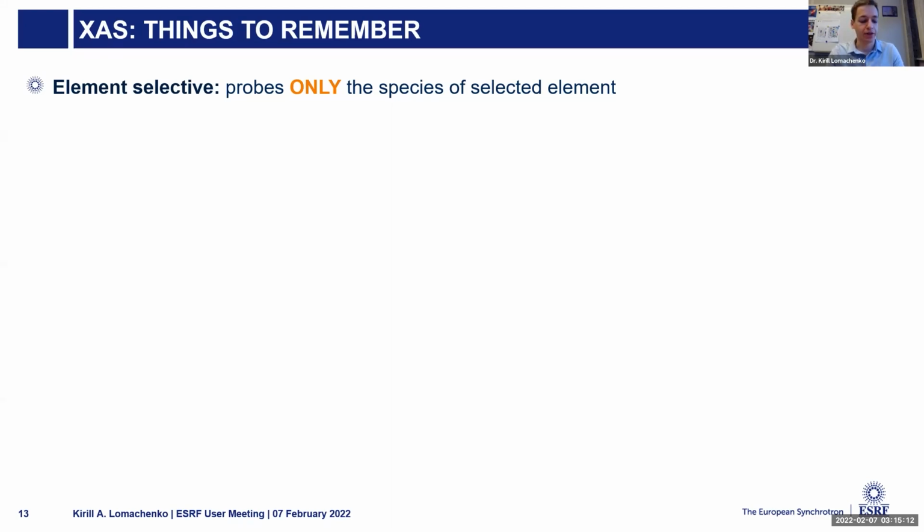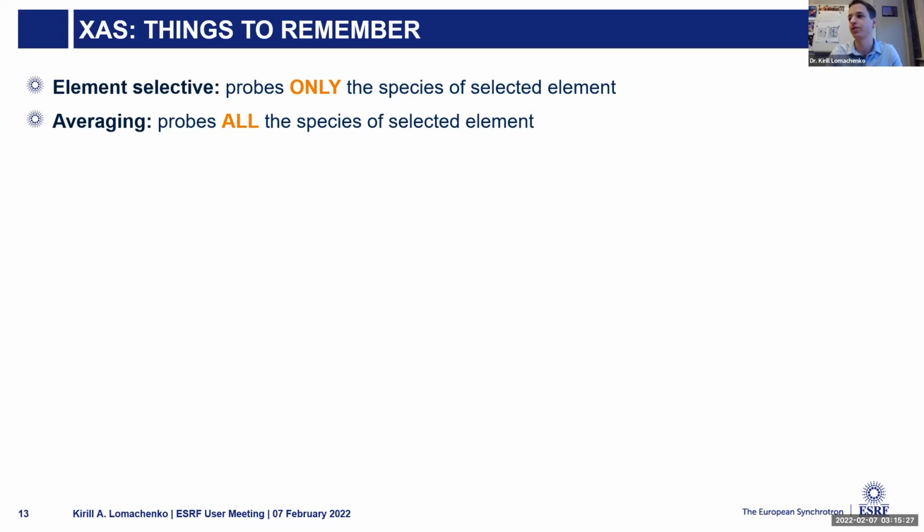But it has a particular consequence: the technique is an averaging technique. So it probes all the species of the selected element. If you're talking about platinum, right, different oxidation states of platinum, platinum 2 and platinum 4 in your sample, when you measure the platinum L3 edge, you will have a contribution from both species, both oxidation states, in your data.